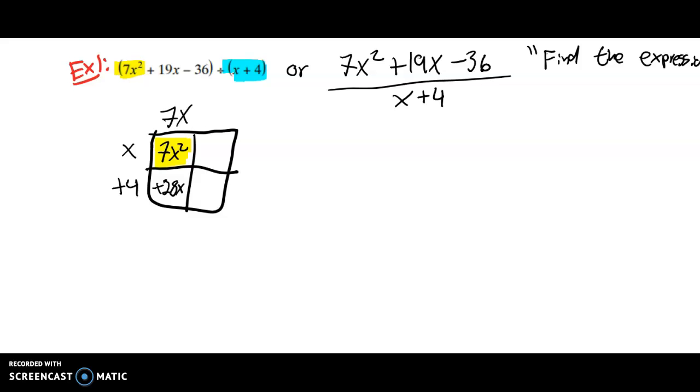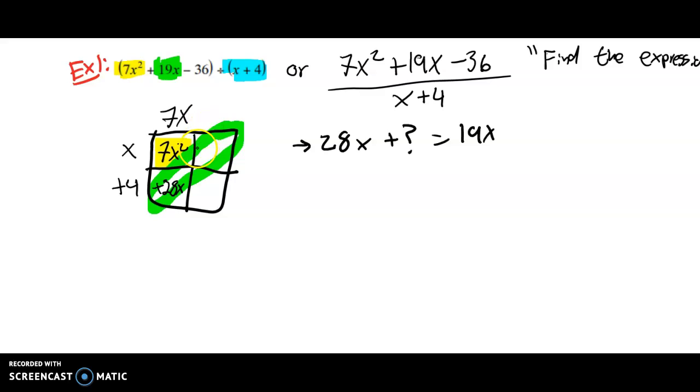Our next move, we need to make sure that these two diagonal boxes add up to 19x. So 28x plus what is 19x? That's going to be a negative 9.